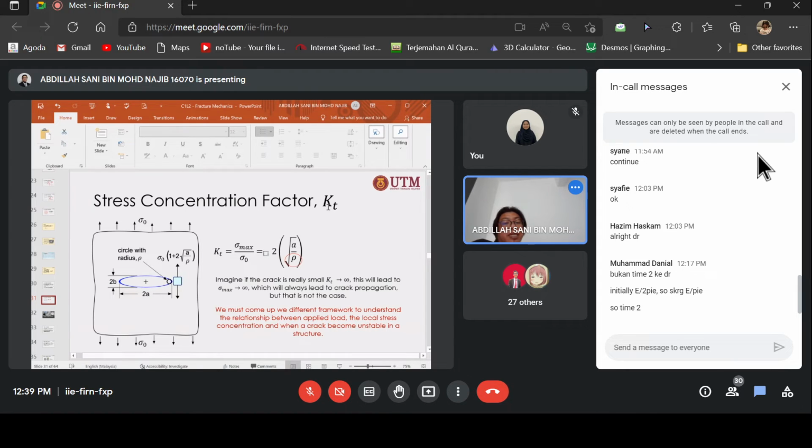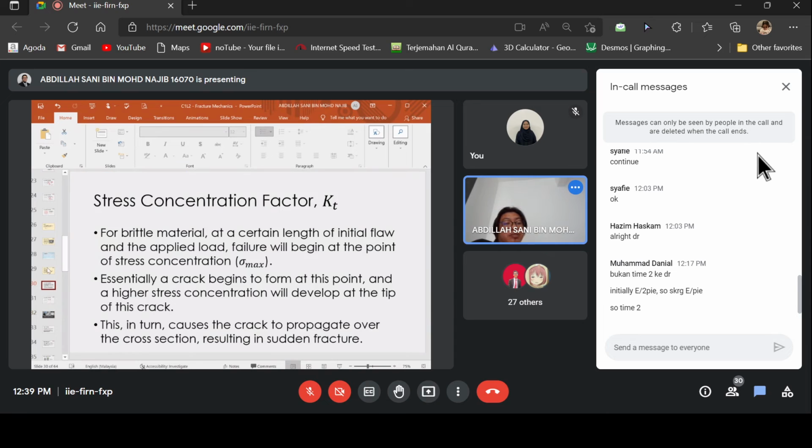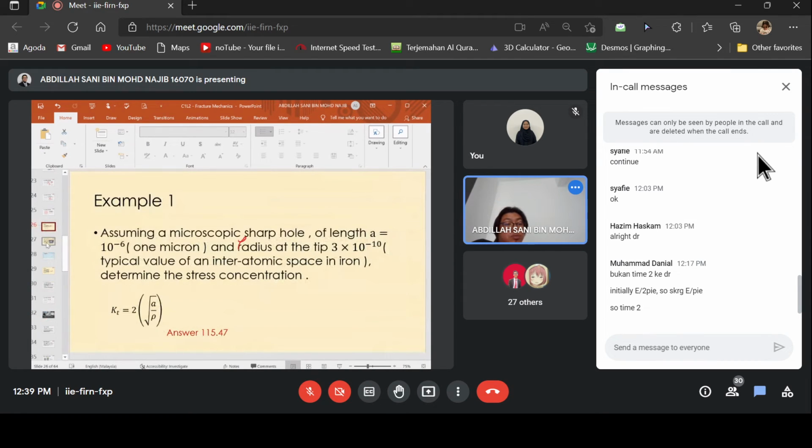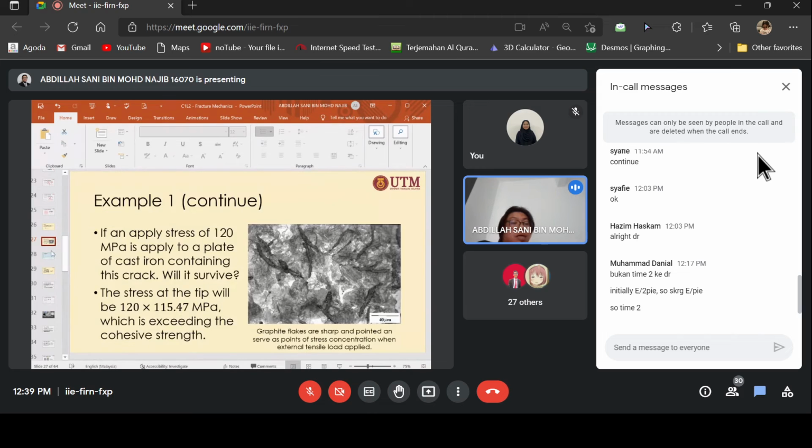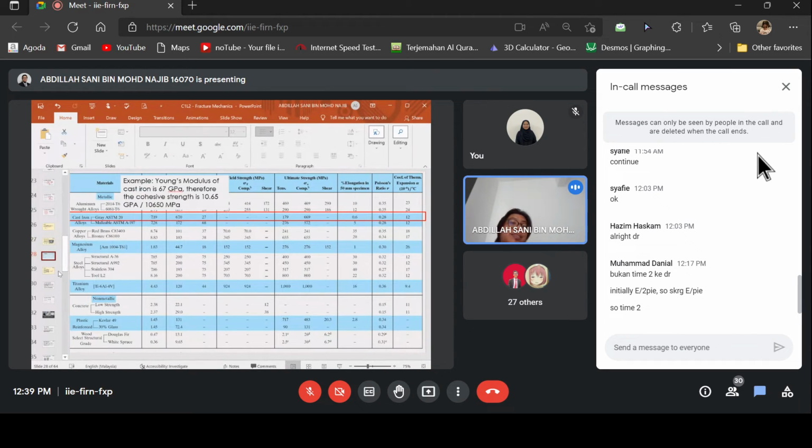When you apply the value 115, you get a very large stress that is comparable to or exceeding the cohesive strength.